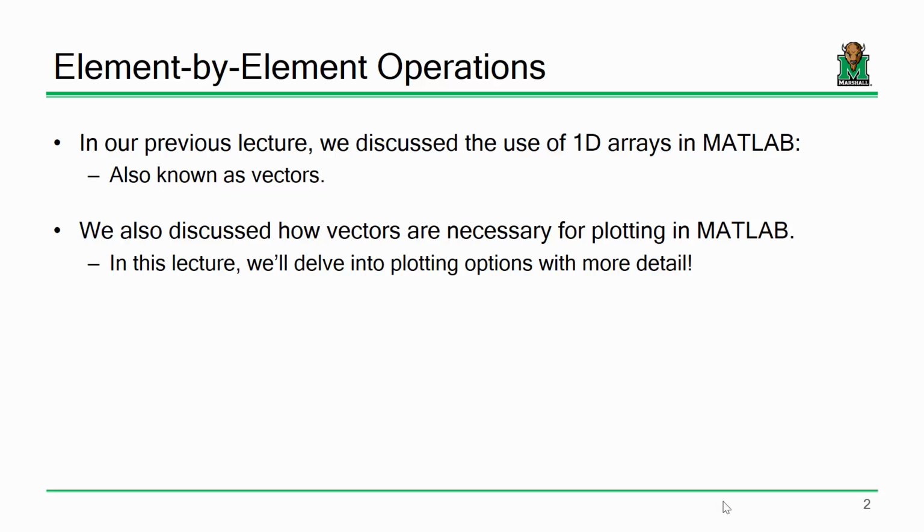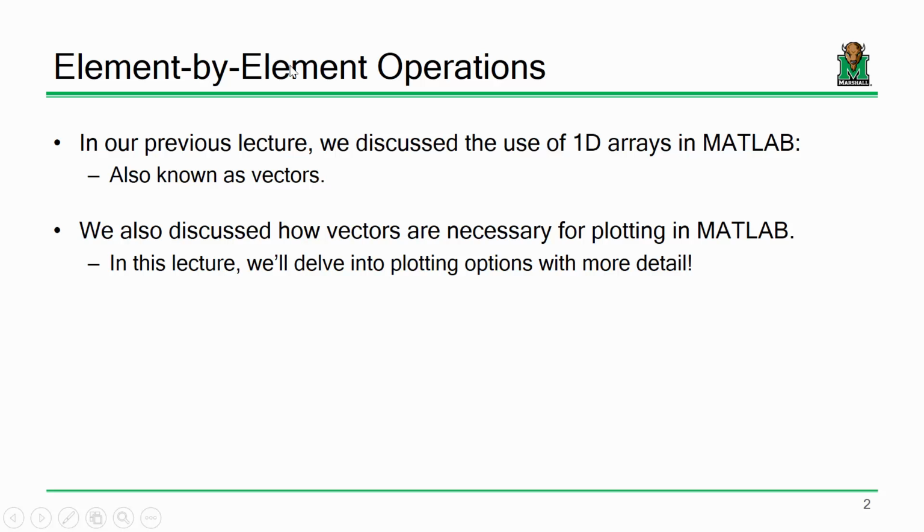Just as a little bit of a refresher, remember that a 1D array means if we were going to think about it in terms of a spreadsheet, it would be one row, but it could be many different columns. And so the array can have as many values as we need it to have. That's also known as vectors. And we also talked a little bit how to generate plots in Matlab, but we didn't do anything with customizing how that plot looked.